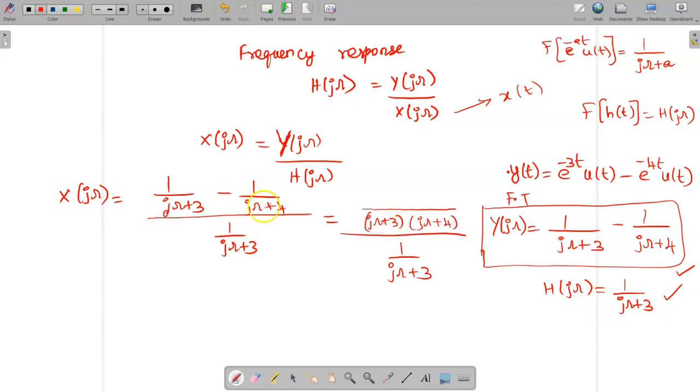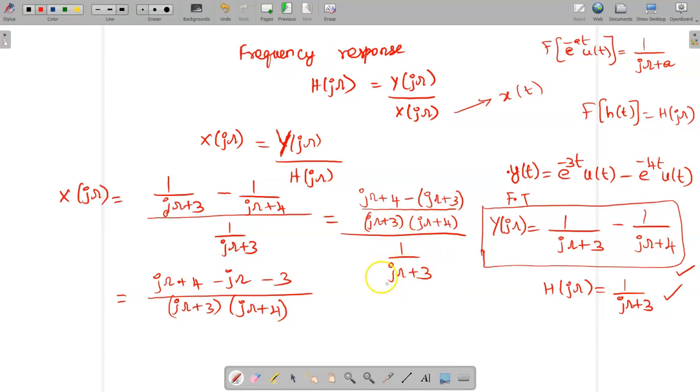We are simplifying the numerator, so cross multiply: (jω+4) goes here, minus (jω+3). So the numerator is (jω+4) minus (jω+3), since the minus applies to both terms: minus times plus gives minus 3. This is divided by (jω+3)(jω+4).